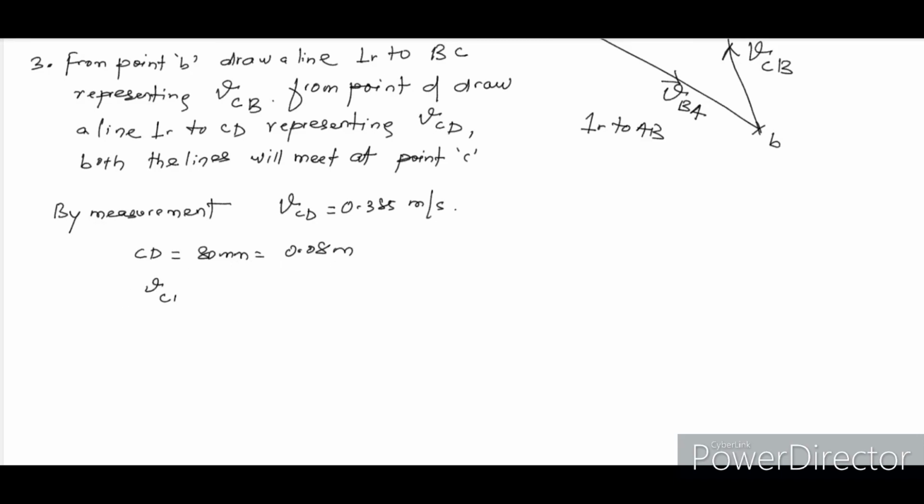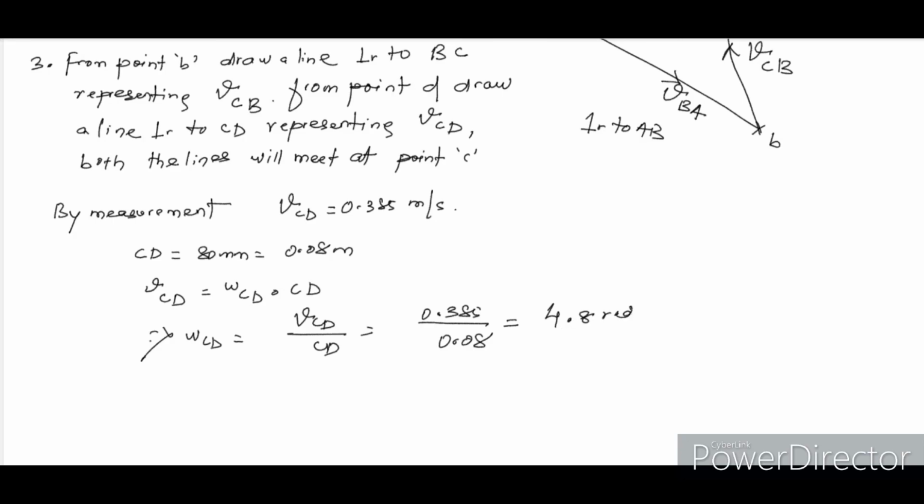Now VCD will be equal to omega CD dot CD. So omega CD will be equal to VCD divided by CD. So it is 0.385 divided by 0.08, so it will be 4.8 radian per second. This is the omega CD.